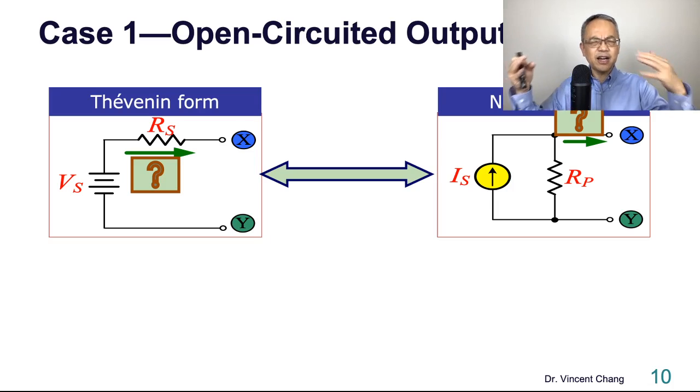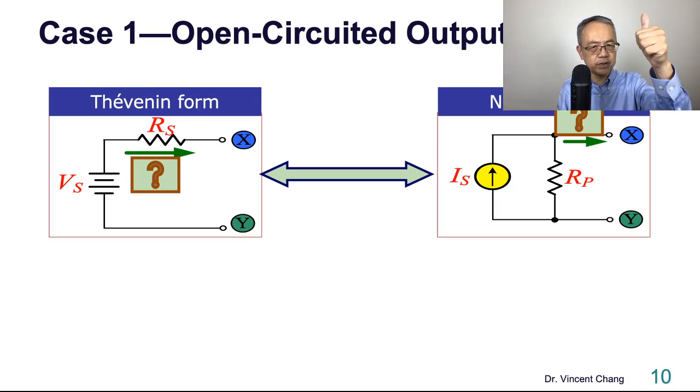So let's give the two extreme conditions. The first one is when the output is open circuit, in other words, when the load resistance is infinite. The second condition is when the output is short circuit, in other words, when the load resistance is zero. So infinity and zero.